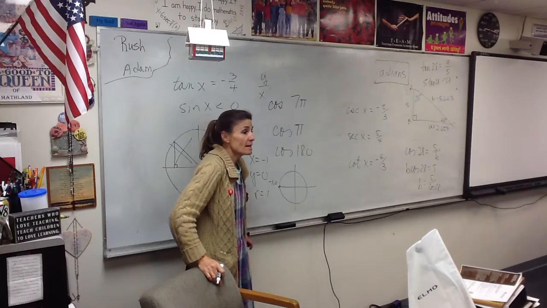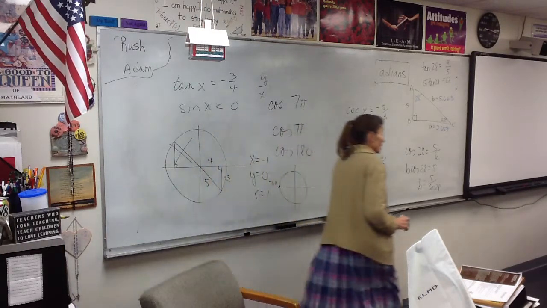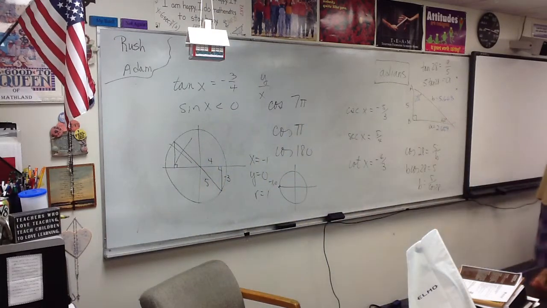Okay, anybody else have a homework question? One of the problems in the homework, and this could be last night's too, because it was all on the same page. 60?